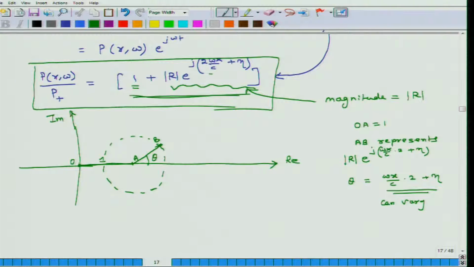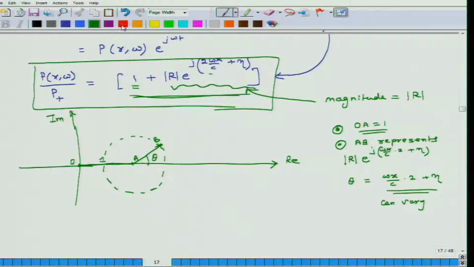Now again, OA represents 1 and AB represents this whole complicated thing, modulus of R times e to the j 2 omega x over c plus eta, and the angle theta can be anything and it will vary with respect to x.